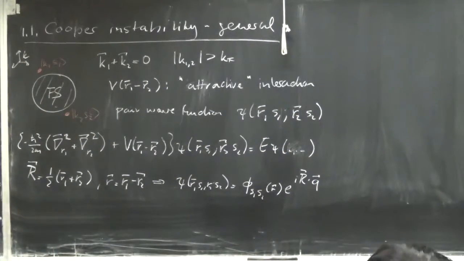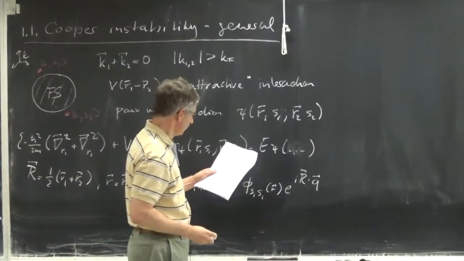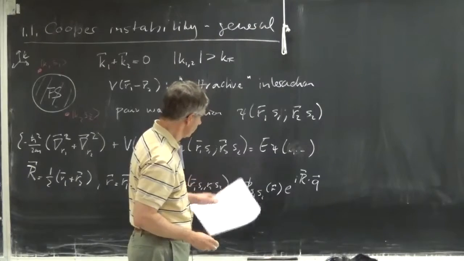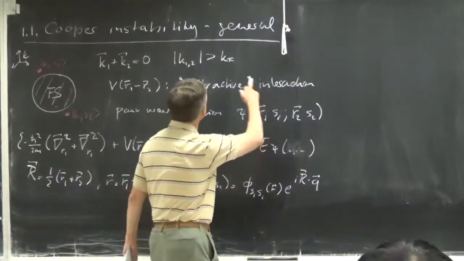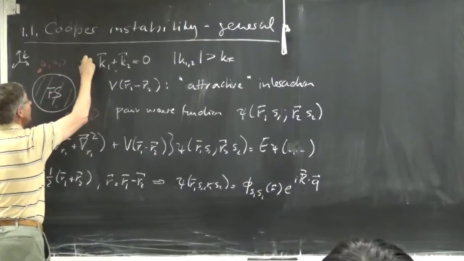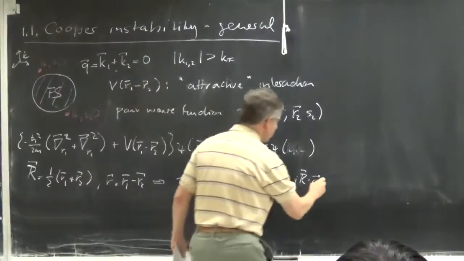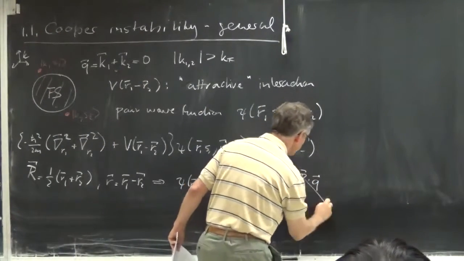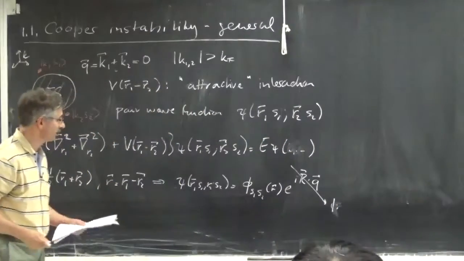We have translational symmetry, so we can write it down as such a motion here. Now Q is actually just K1 plus K2, so this is 0, and so this here is just 1. So I have only this.